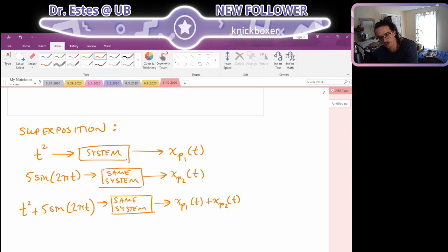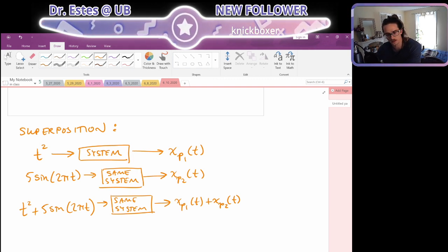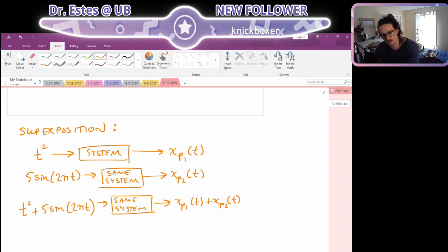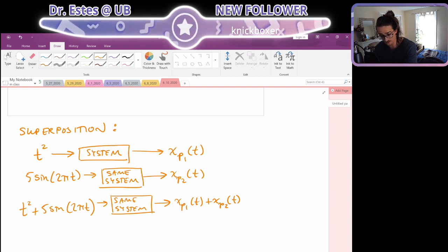So that's very cool. If you know separately how a system responds to certain inputs, then if you combine those inputs together, you also already know what that combined behavior is going to be.